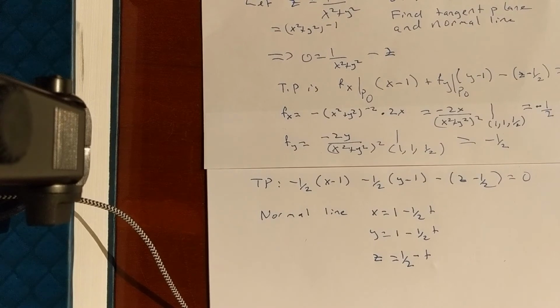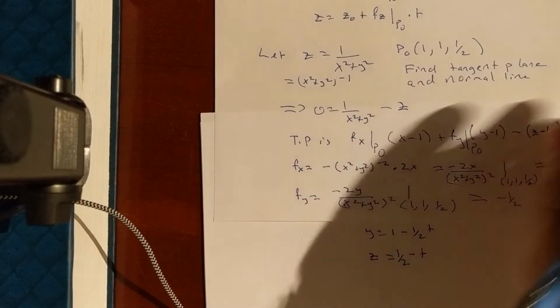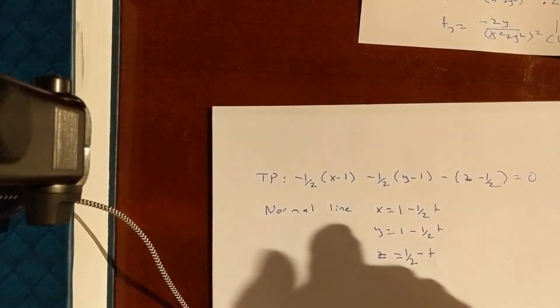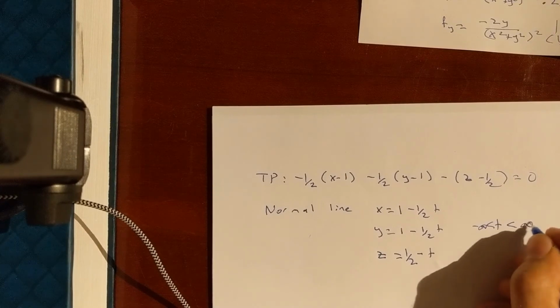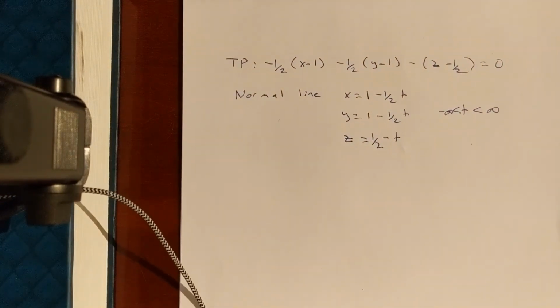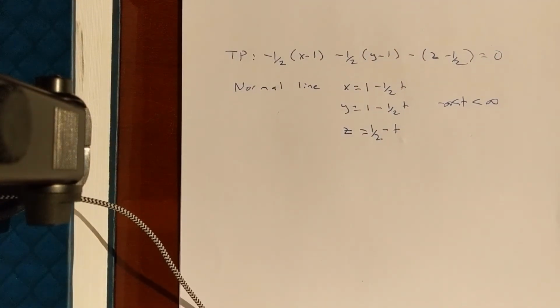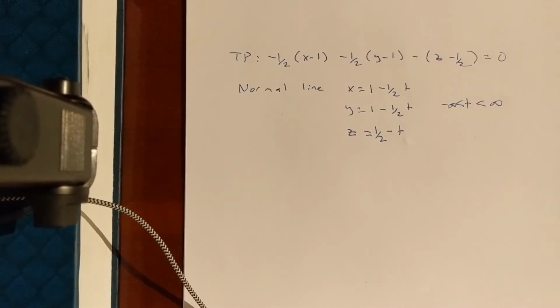So that would be our line. Of course, here t is again between negative infinity and infinity. So that's an example of this just applied.